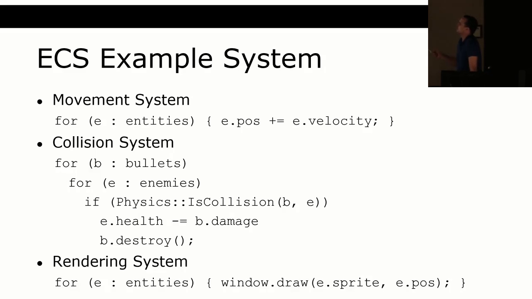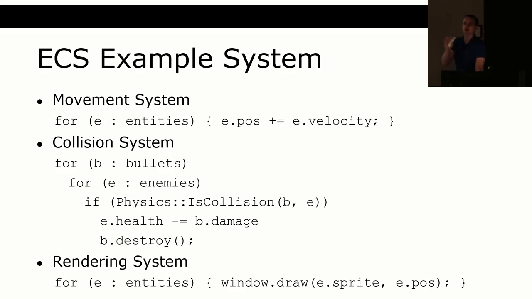So what do the systems look like? Well, the movement system is one line of code. It may be more in practice, but the movement system would say, for each entity, this is modern C++ for each entity in entities, take the entity's velocity and add it to the position. And you're done. You have just updated the position of every entity in your game by just adding its velocity to it.